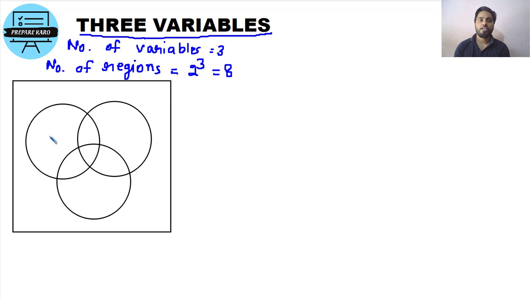So 2 power 3 is equal to 8. Which regions? Small a, small b, small c, d, e, f, then g, then none, and this total is capital T. So how many regions are there? A, B, C, D, E, F, G, and N. These 8 regions are there.